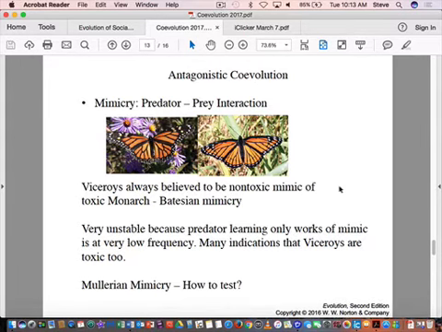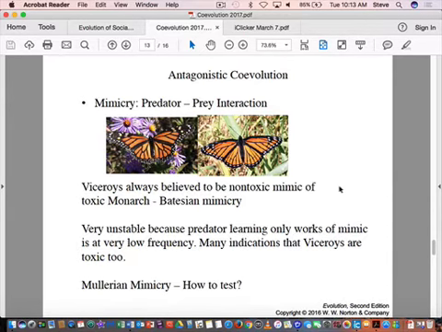How do you think that would work out? Would that work? Imagine you're a bird, a predator, and you at random go in and say, I'm going to eat just one of these things at random, and the highest likelihood is you're going to eat the viceroy, right?